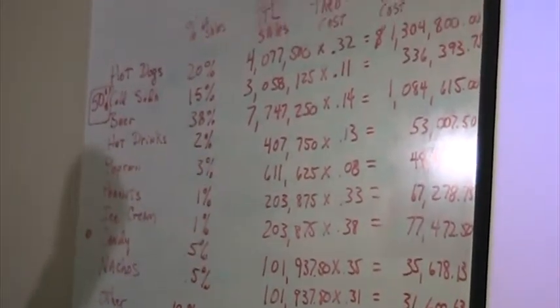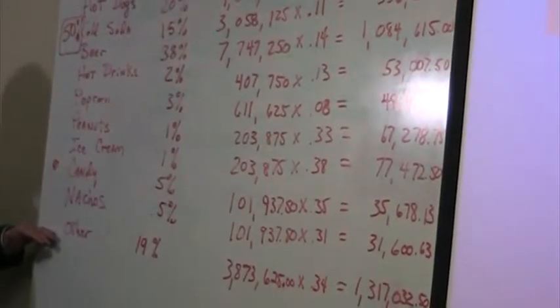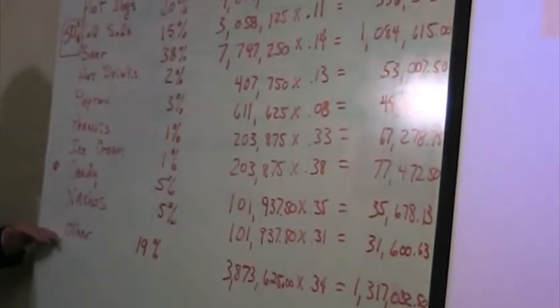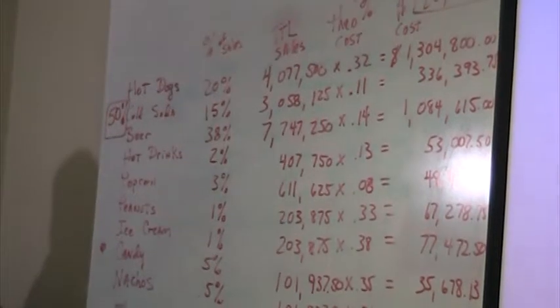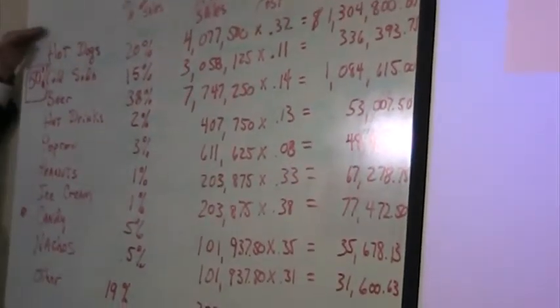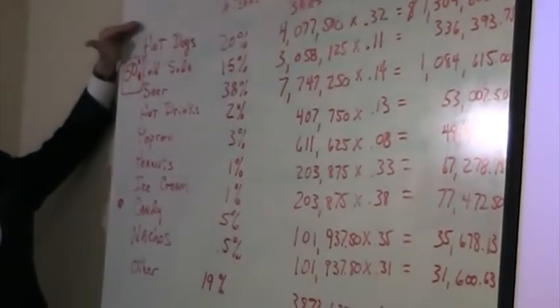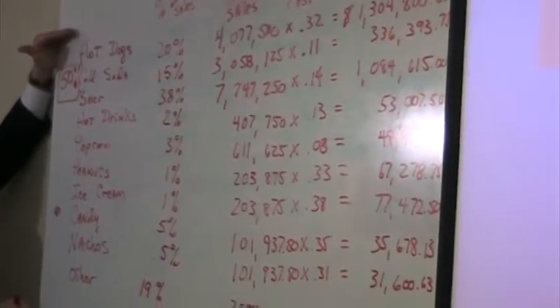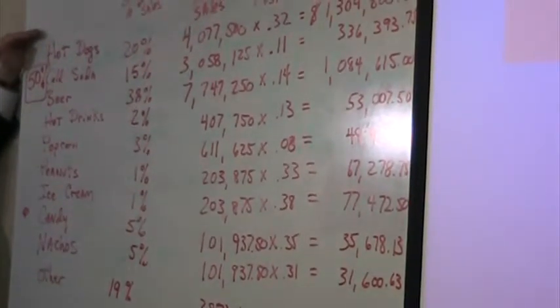All right. So why did I put other in here? I put other in here because you have things like pizzas, pretzels, all those other items. If we were going to do this in real time, we would list every item: hamburgers, cheeseburgers, chicken tenders, pizza, pretzels, everything.